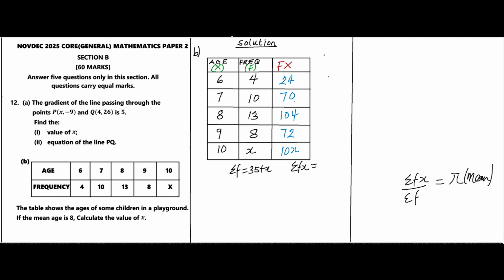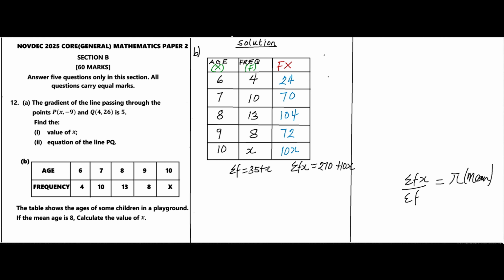So we have 24 plus 70 plus 104 plus 72 plus 10x. So this is 270 plus 10x.